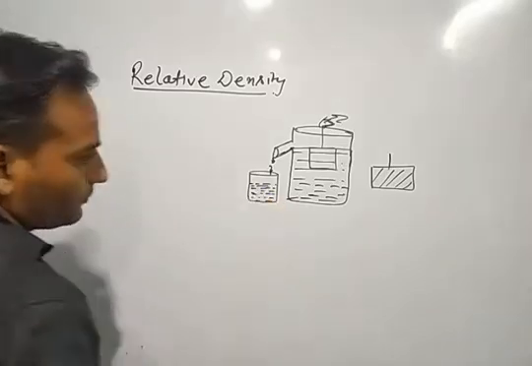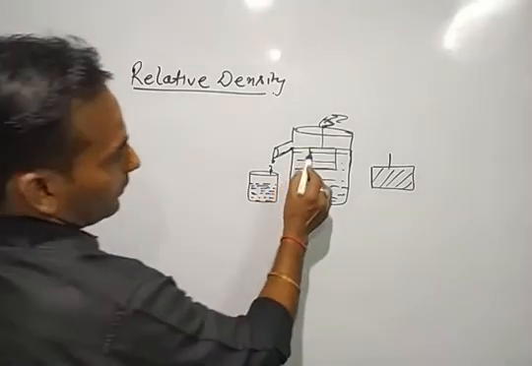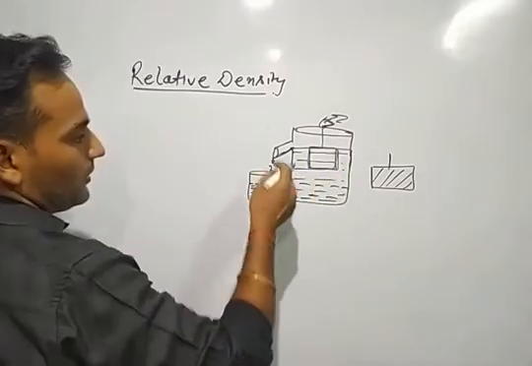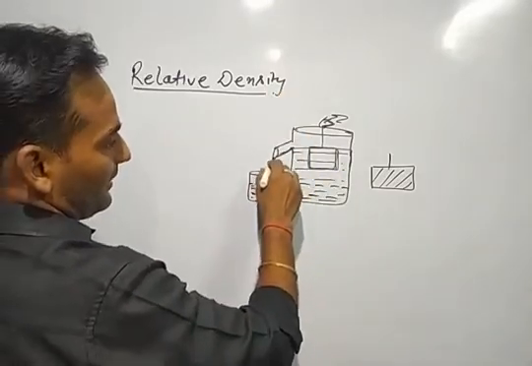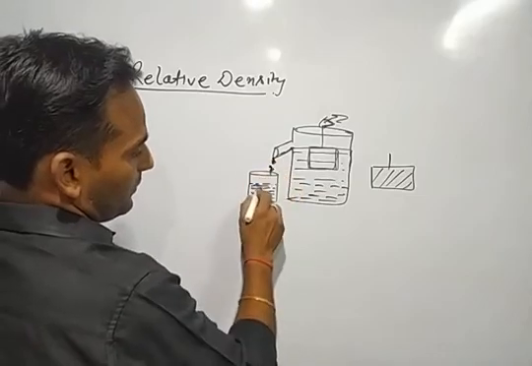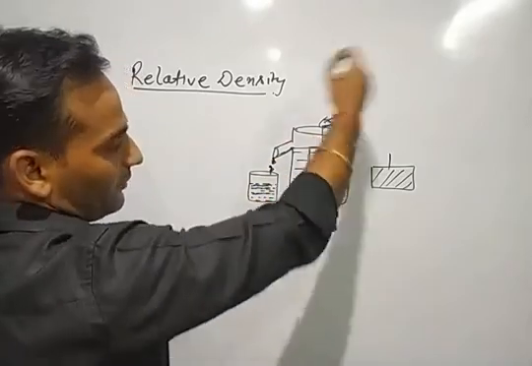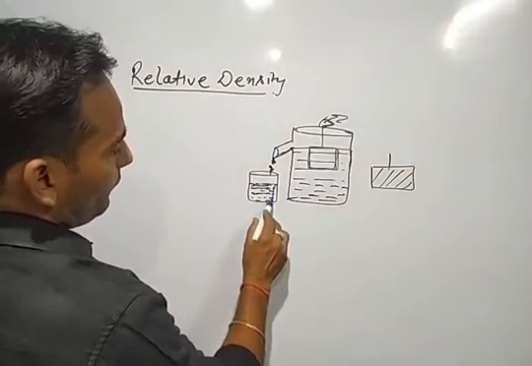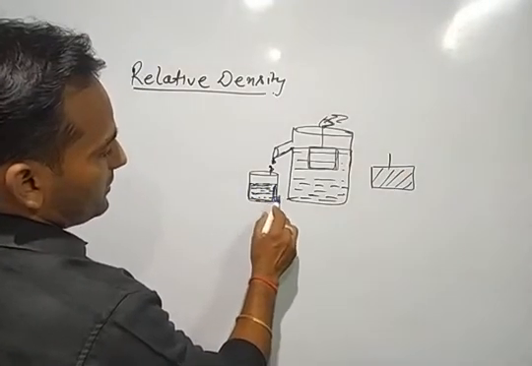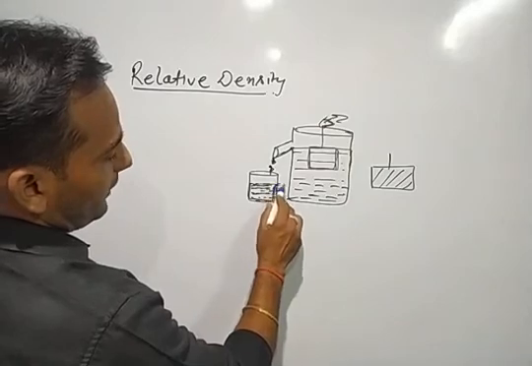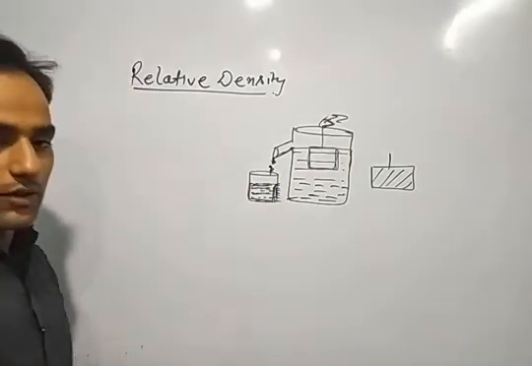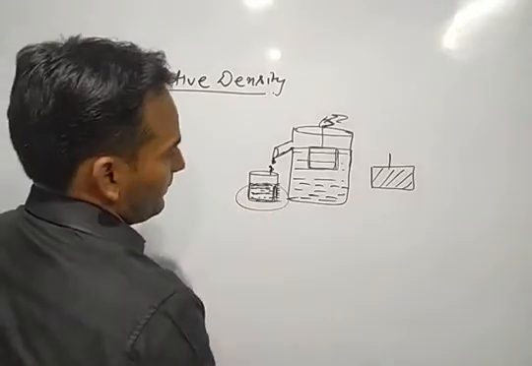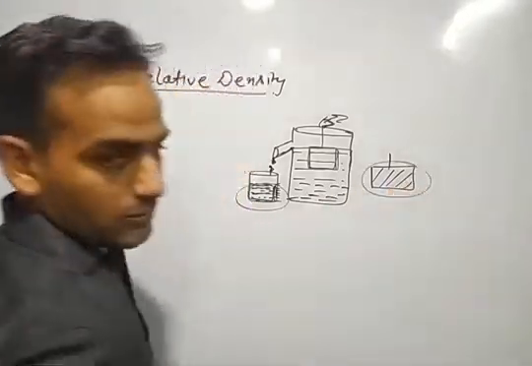Now, the whole object is submerged here. In the last condition, the water will come here, and after that you can remove it. You will see that the volume of water that came here, because this is a beaker in which we can find out the volume of the water, will be equal to the volume of this solid.